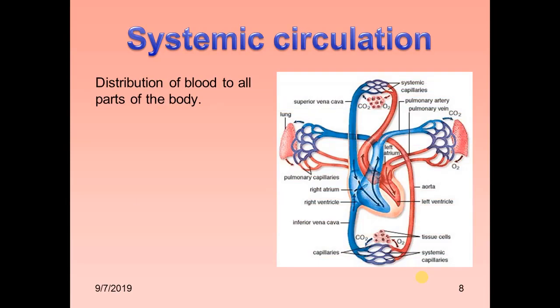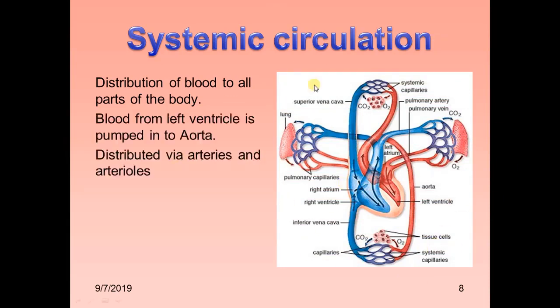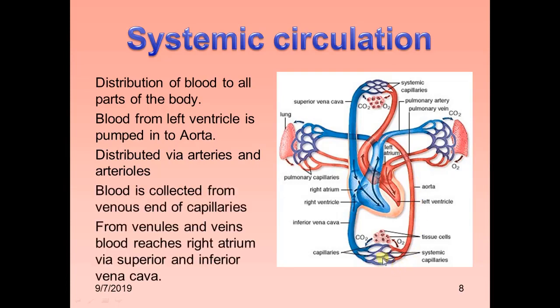Systemic circulation, I need not explain much. You all know that blood is distributed to all parts of the body. From the left ventricle, the blood is pumped through the aorta and distributed via the arteries and arterioles, then collected from the capillaries into the venules and veins, and ultimately it reaches the right atrium by two large veins.